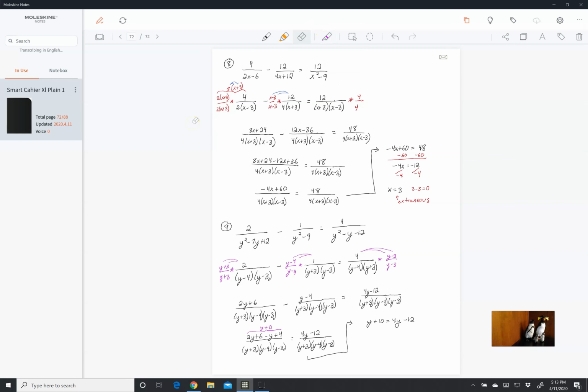So we subtract y from both sides, add 12 to both sides. That's going to give us 22 equals 3y. You can divide both sides by 3, and you cannot simplify 22 over 3. That's it.